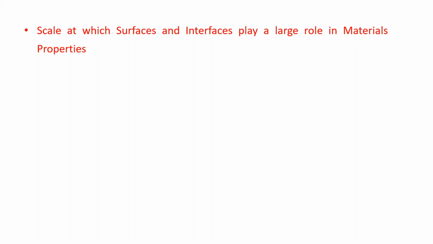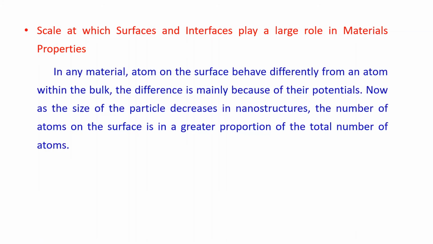Now, the second effect is the scale at which surfaces and interfaces play a large role in material properties. So how will surface area dominate the material properties? In any material, an atom on the surface behaves differently from an atom within the bulk. The difference is mainly because of their potentials.